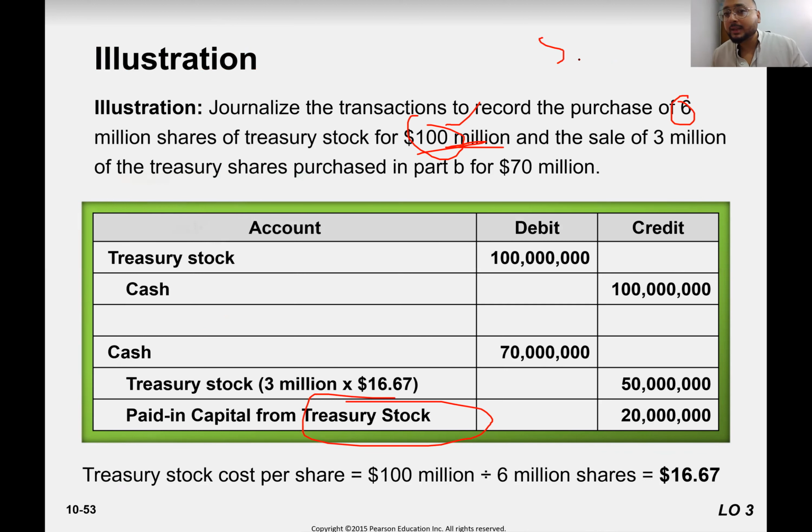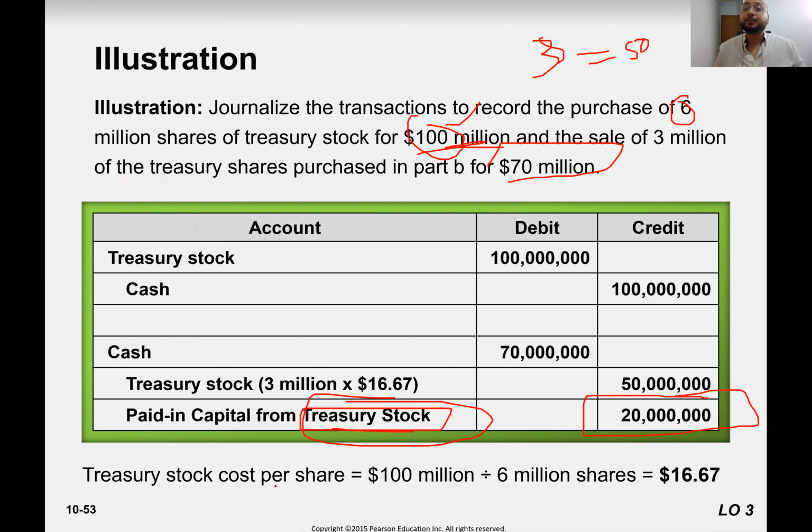So 3 million shares are worth 50 million. So we issued with 70 million. 20 million is basically our premium, our paid in capital in excess of treasury stock. That's it, right?